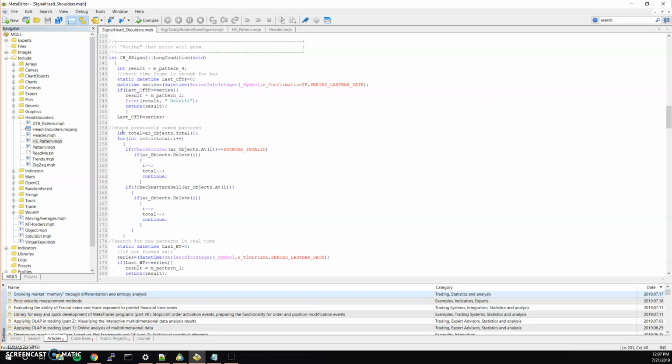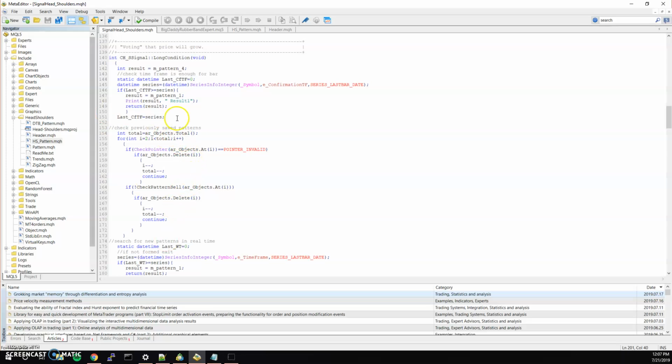In this long condition, which is also in the signal class, what this is doing is telling us whether we think the price will go up, aka a reverse head and shoulders. So what we do first is we check to make sure there's enough time for a bar to happen. If there's not enough time, we exit, we set it that there's no pattern, and we return 30 for the value. Then we check the previously saved patterns.